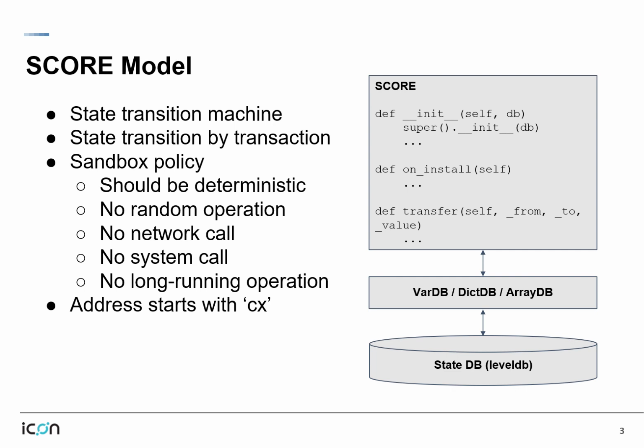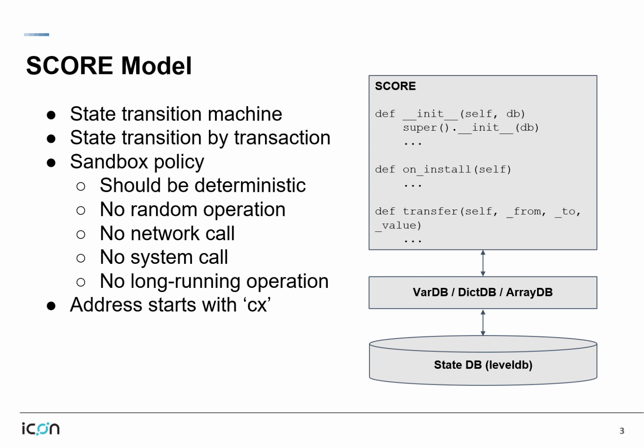Sandbox policy is a very important aspect that every Score programmer should know. A transaction sent from a user will be executed on every node that exists on the Icon network, and the nodes will form consensus on the transaction result. So, deterministic behavior is very important when you write Score code because every node should agree on the execution result.